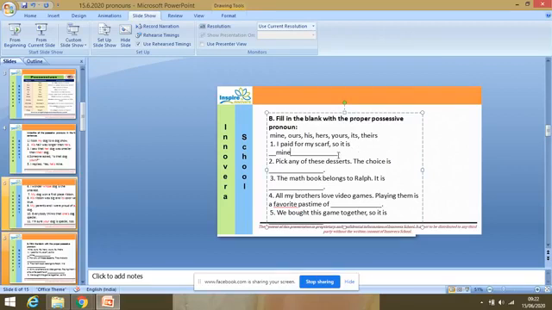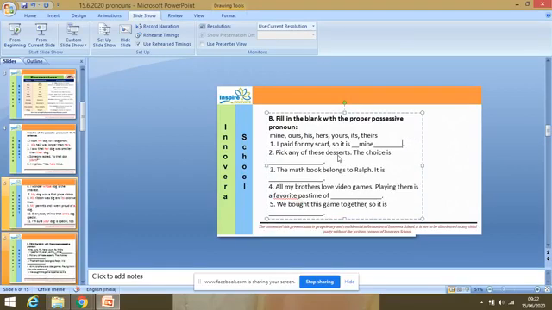Children, what is it said? I paid for my scarf, so it's mine. So the answer will be mine. My scarf, mine. Is it easy to identify now?